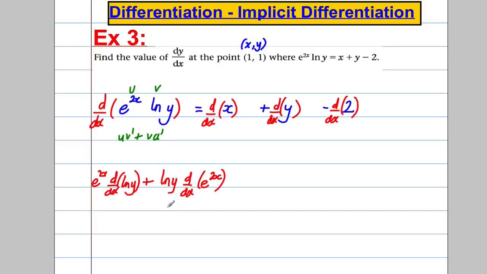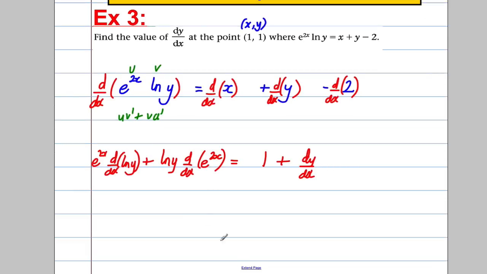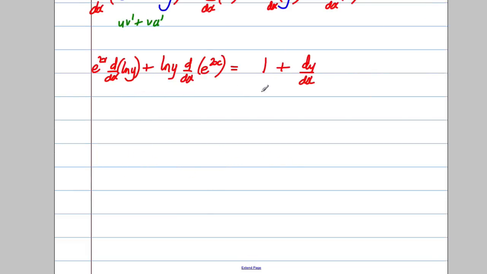So that's applying the product rule, and this is going to be equal to d by dx of x is just 1, d by dx of y is dy by dx, and take away d by dx of 2, which is just 0.